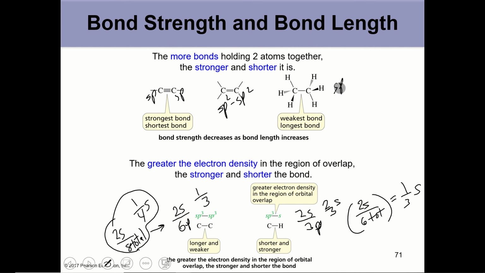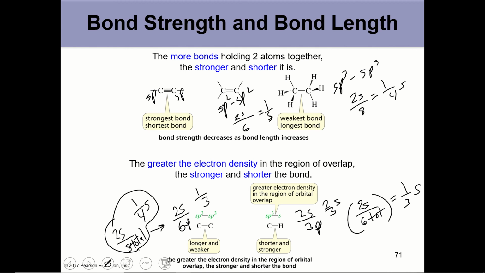So for sp3 to sp3 of the carbon-carbon single bond, we have 2s out of 8 orbitals, which is 1/4 s. And for sp2 to sp2, we have 2s out of 6 orbitals, which is 1/3 s.